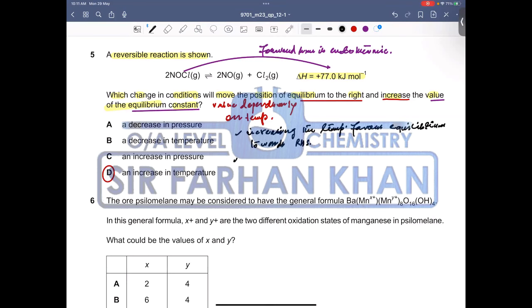Second, once the equilibrium favors the right hand side, the product amount increases, then reactants decrease, hence the equilibrium constant value also increases. Okay.